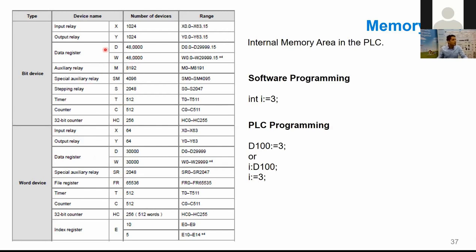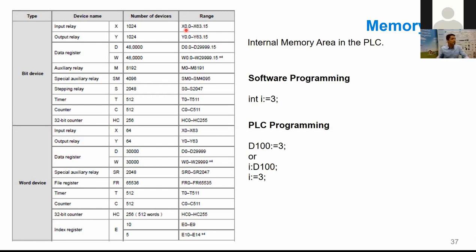And here, for instance, let's focus on the input relay and output relay. This is the real physical input and output address. This is where it starts. X0.0: the first digit 0 means the channel, and the .0 or .1 is the bit position in that area.